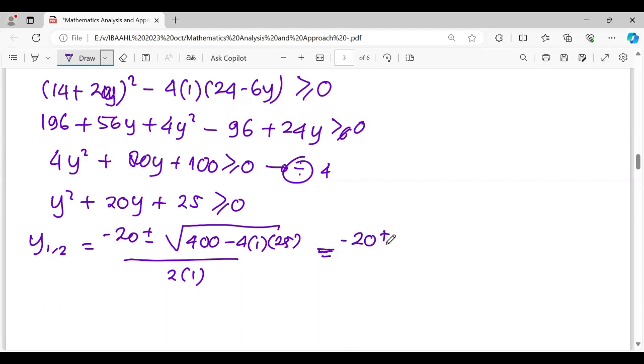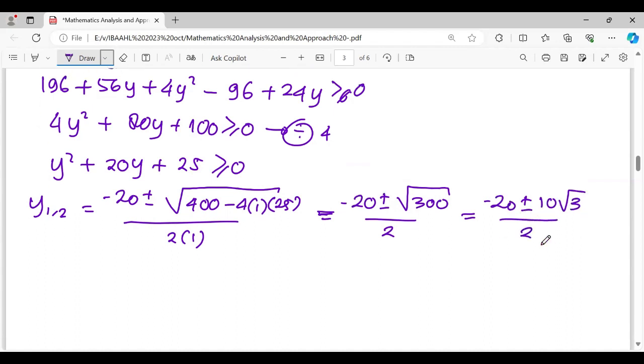Minus 20 plus or minus the square root of, wait, this is 100, so 300, over 2. So minus 20 plus or minus the square root of 300, 100 times 3, it means 10 square root 3, over 2, or minus 10 plus or minus 5 square root 3.